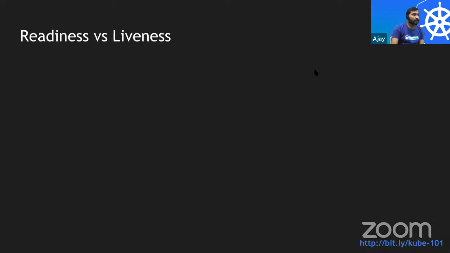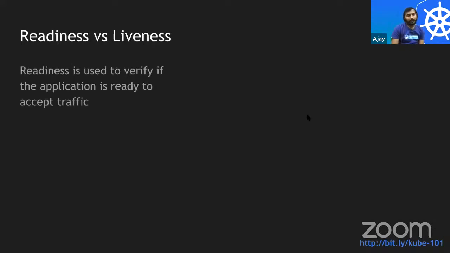Okay, so that leads us to another important topic, right, which is readiness and liveness. Anybody knows what is readiness? In general, I would have asked this question if it was in person, but generally readiness is used to verify if the application is ready to accept traffic, right? This is not like the health check, but this is like a signal to say I'm ready to accept traffic.